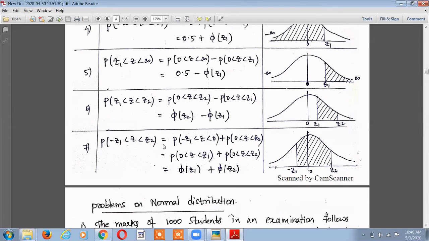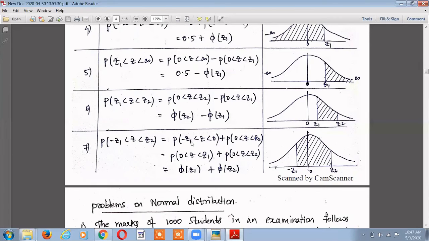Next, the last note, z between minus z1 and plus z2. So here we can see the graph. This is the minus z1 coordinate. This is the plus z2 coordinate. We are interested in finding the area below the curve from minus z1 to plus z2. So if I want to find this area, I can split it into two regions: minus z1 to 0 and 0 to z2.